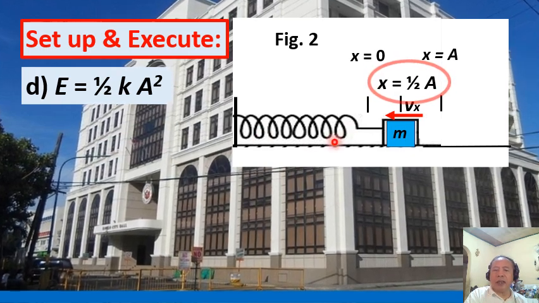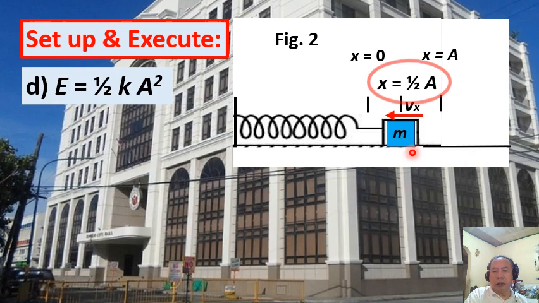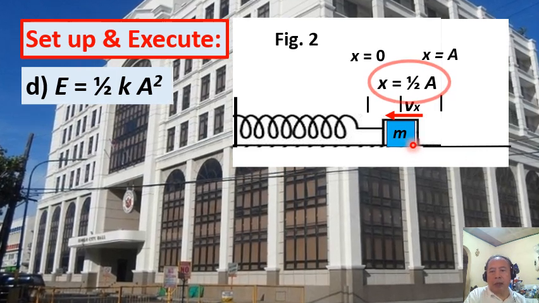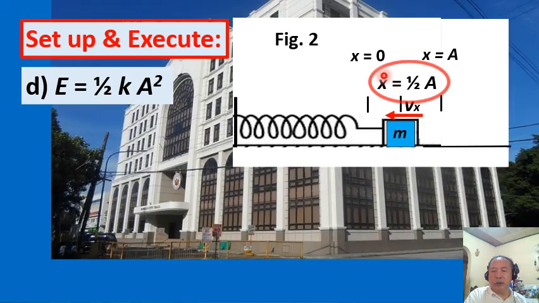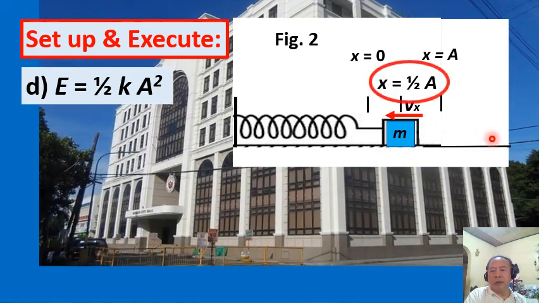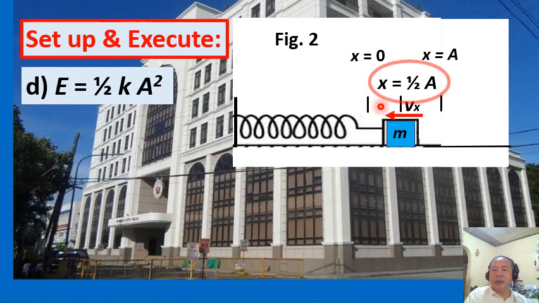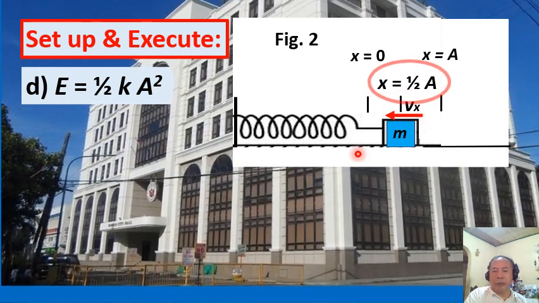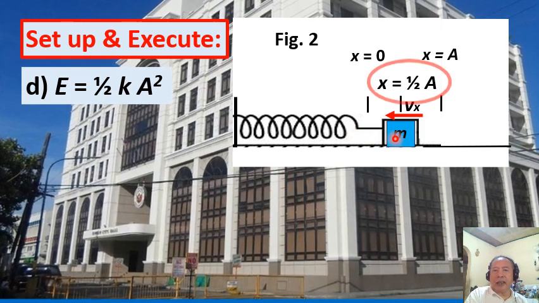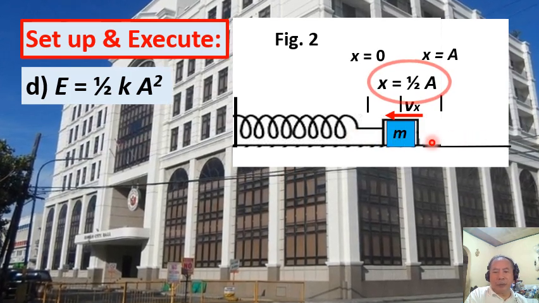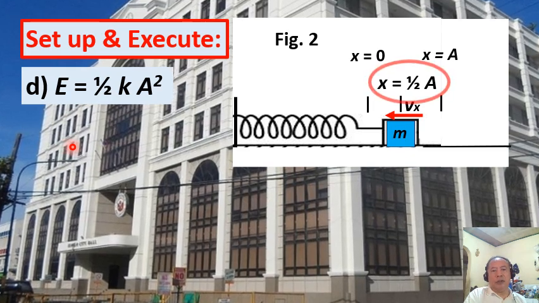We know that at any position here, the total mechanical energy of the oscillating body or the block is always the same or constant, whether it is at the equilibrium position or whether it is at rest at the maximum displacement or at x equals 1/2 the amplitude. Its total mechanical energy is always the same in accordance with the law of conservation of energy.